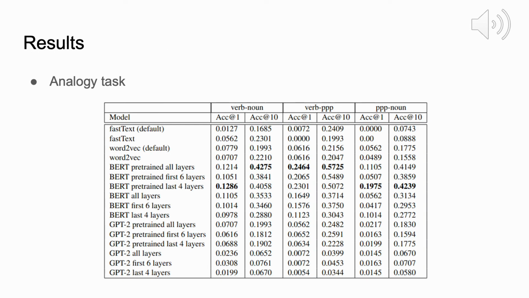Here are the results for the analogy task. BERT pre-trained on the general Sanskrit corpus yielded the best results. Pre-training also proved beneficial with GPT-2, although overall GPT-2 performed much worse than BERT, which is in line with our expectations and is probably due to overfitting.